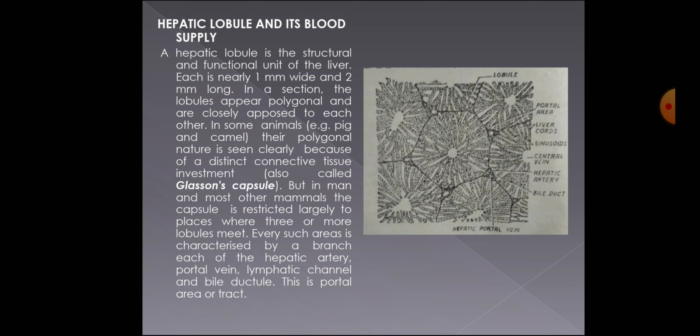But in man and most of the other mammals, the capsule is restricted largely to places where 3 or more lobules meet.